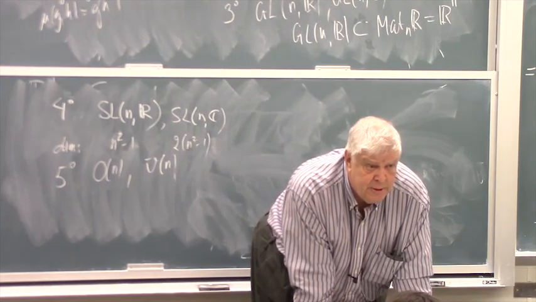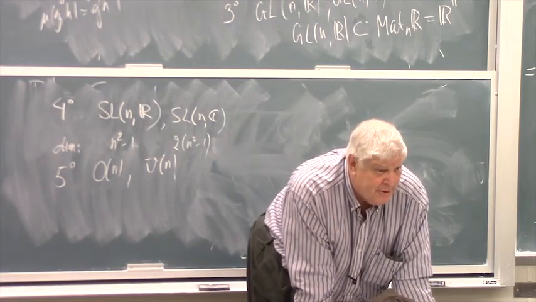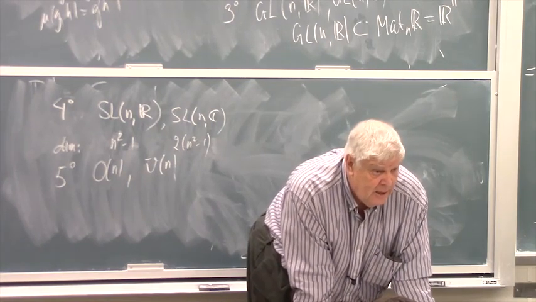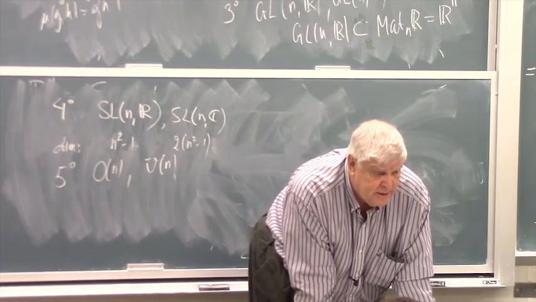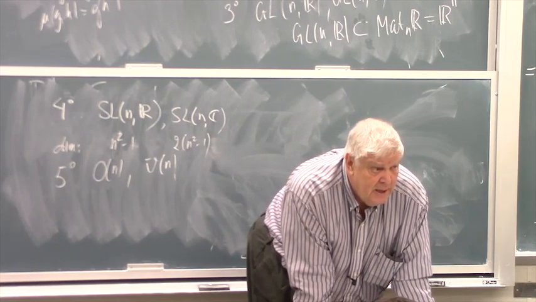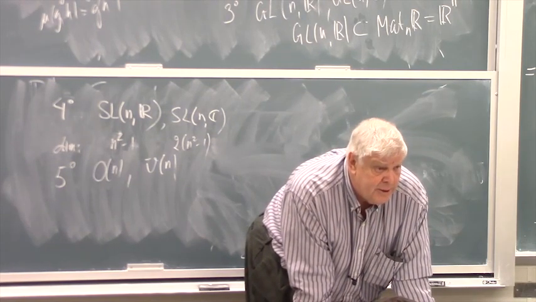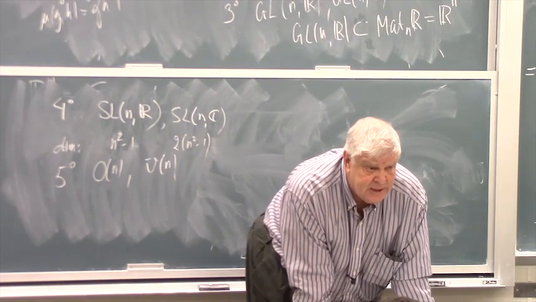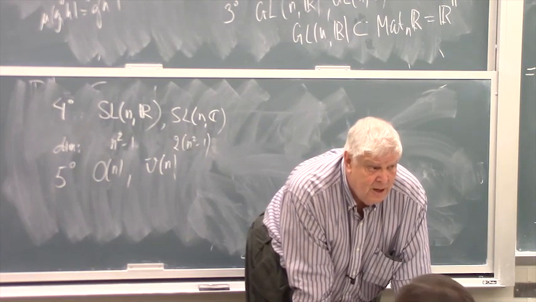Do you know what a unitary matrix is? An orthogonal matrix is a matrix whose inverse is equal to its transpose, and a unitary matrix is the same also with the bar operation. So the inverse of a matrix is equal to the bar of its transpose.